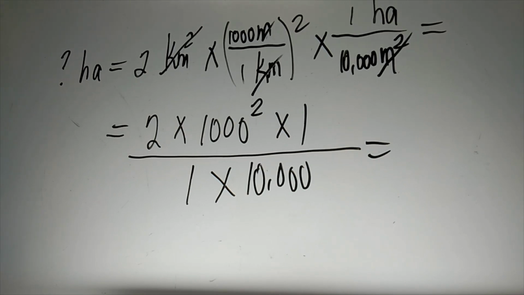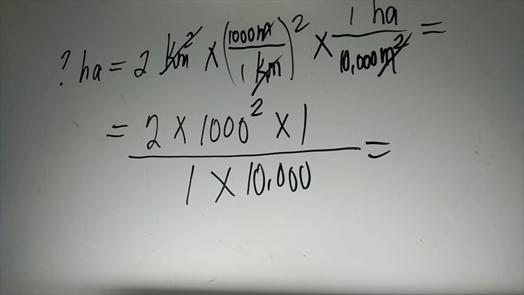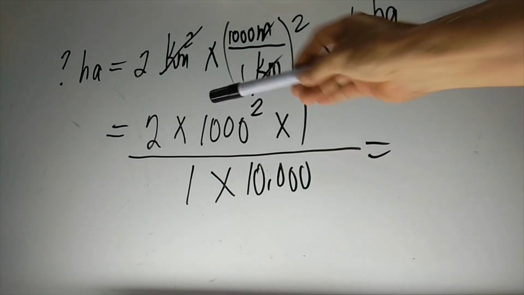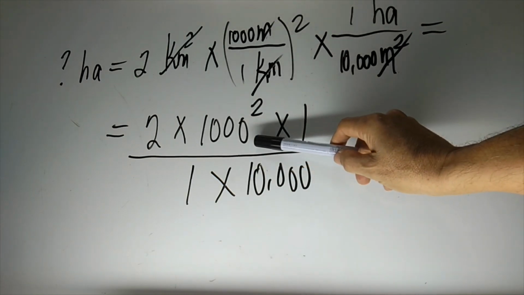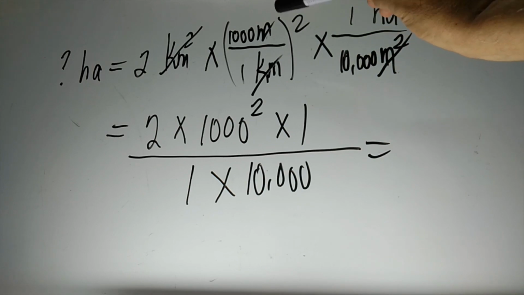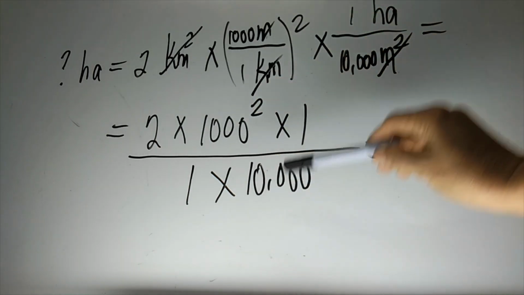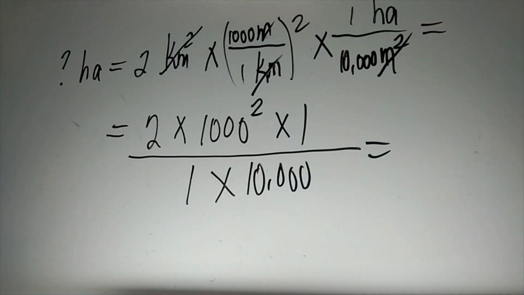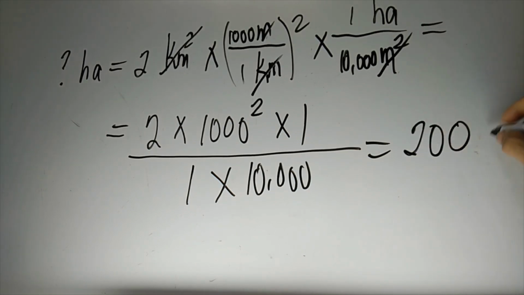Please enter 2 and then press the multiplication button and then enter 1,000 and then press the x squared, divided by 10,000. Then what is your answer? Okay, so you should be having 200 hectares.